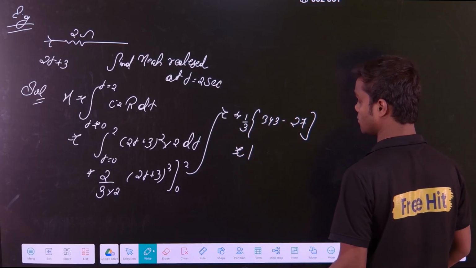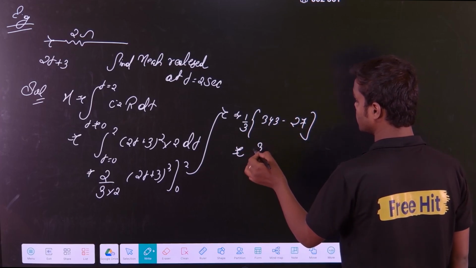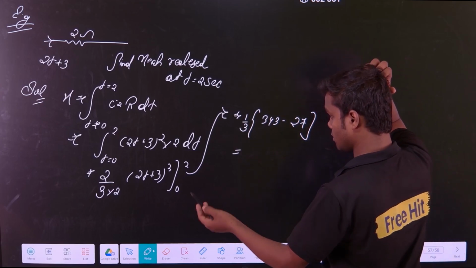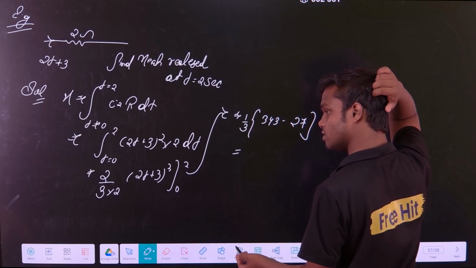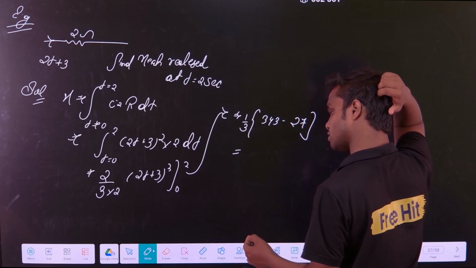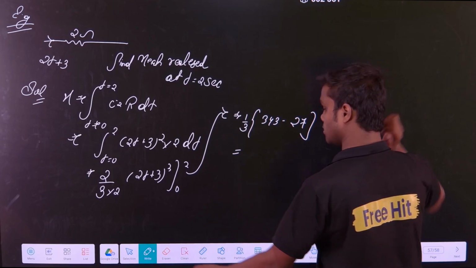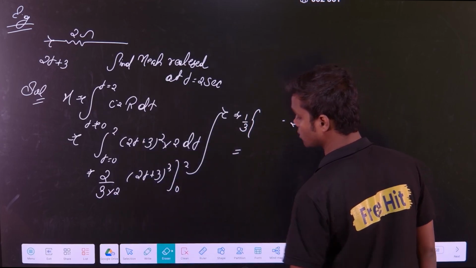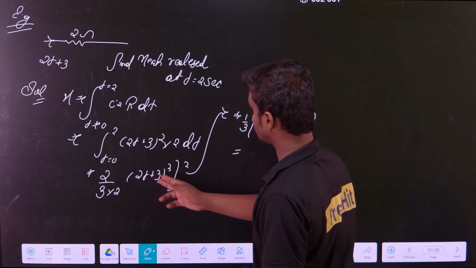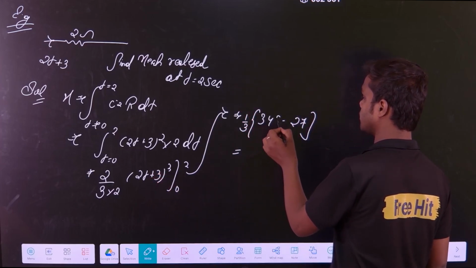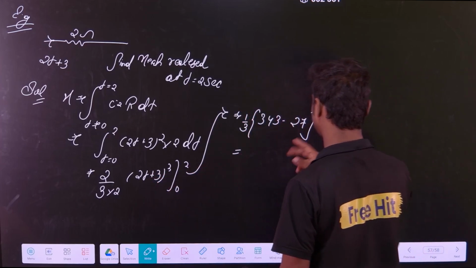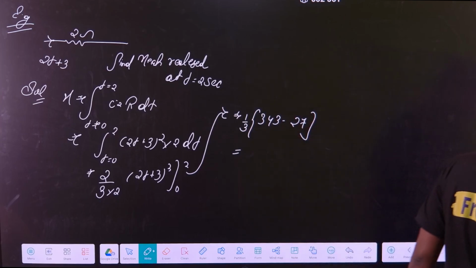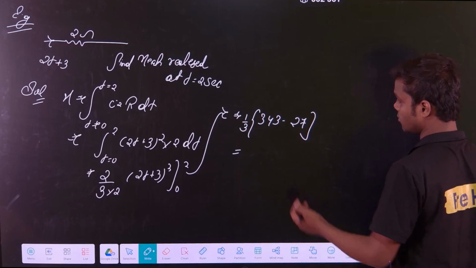Sorry, this will not be divided. So when you do this, 343, sorry, 1 minute. 4 plus 3 is 7, cube is 343, oh sorry, this is wrong, this will be 343 only.